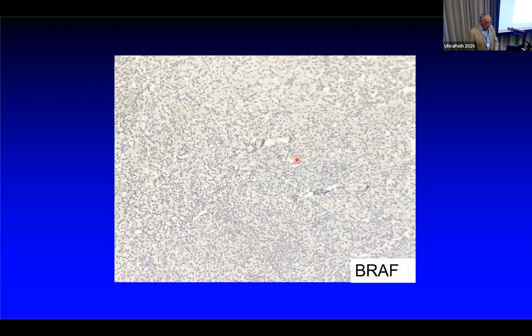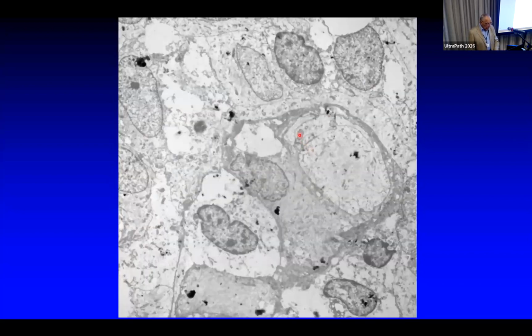We complemented, this is not diagnostic, but we did the electron microscopy just for fun to see how it looks. The BRAF was negative. These are frequently positive. And this is paraffin fixed tissue, not wet tissue.